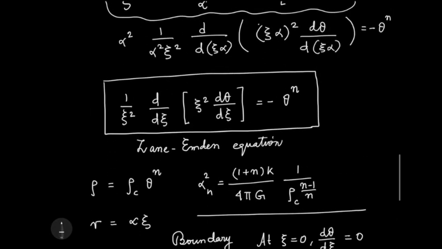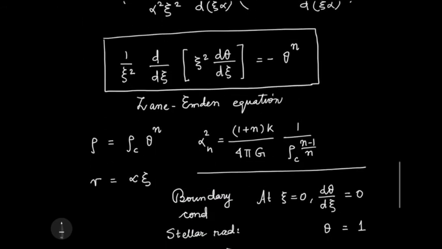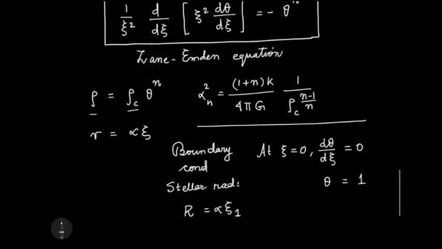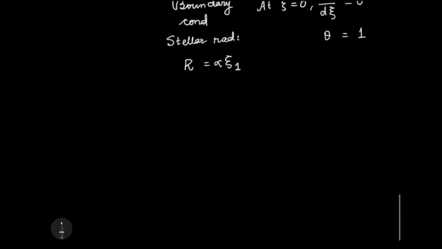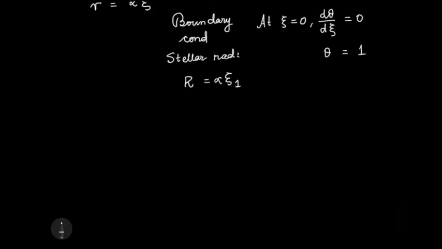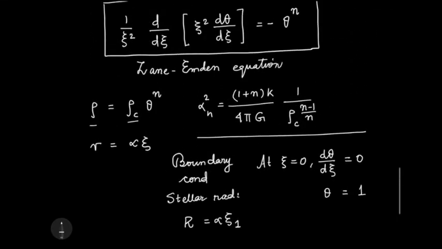Because at xi equals 0, rho is equal to rho c, which essentially tells me that at xi equals 0, theta has to be equal to 1. Fine. So these are the boundary conditions. So let us see what happens if I solve this equation given these boundary conditions.